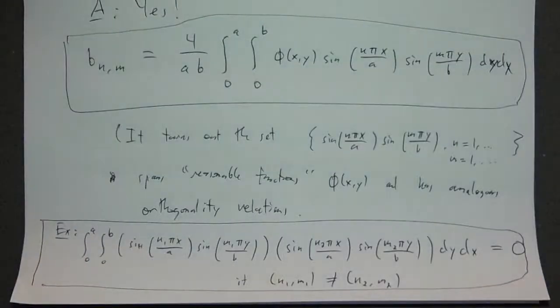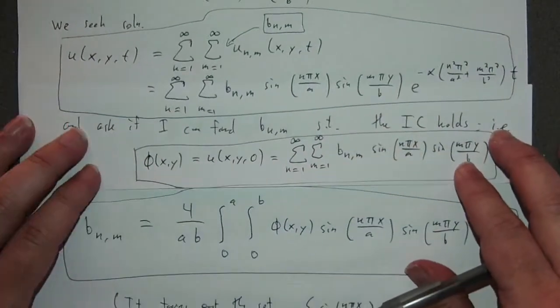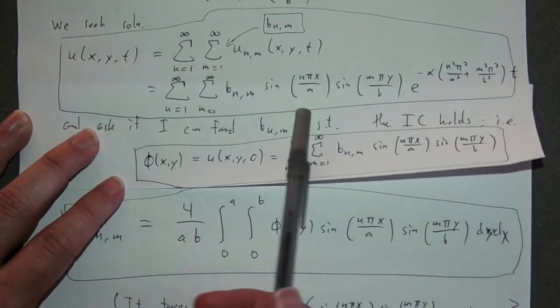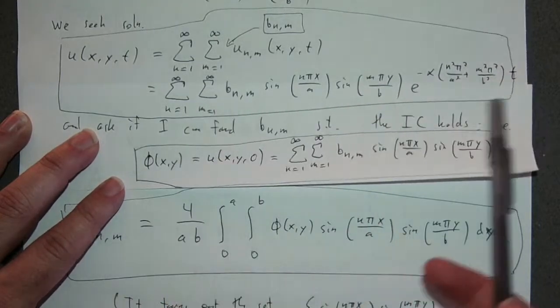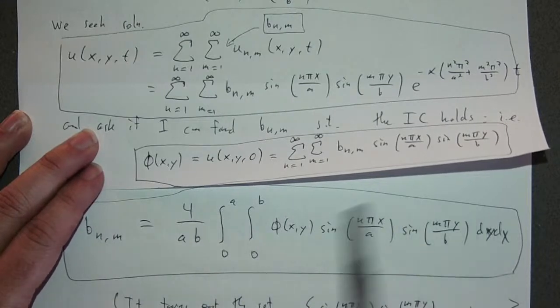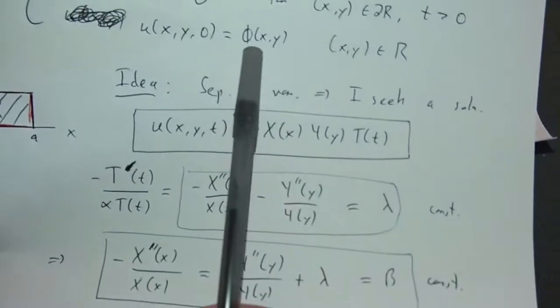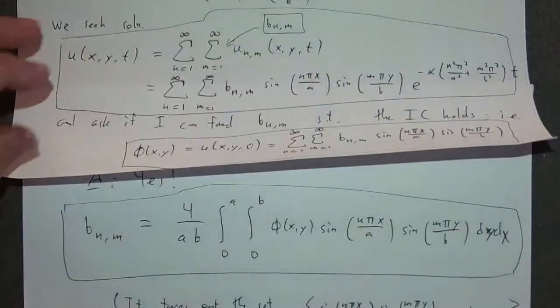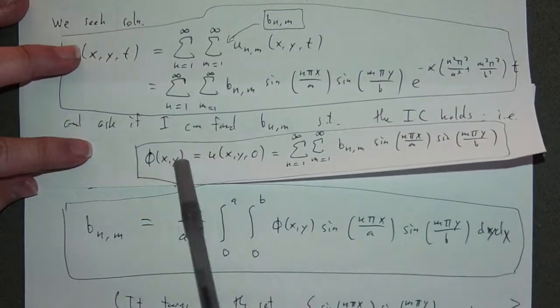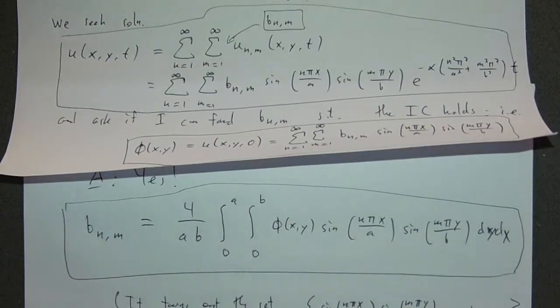And ultimately, we found that a solution looks like this double sum of linear combinations of functions in this way, where these coefficients b sub nm are computed from phi by this formula. So in this problem, if I give you a phi, you can compute these b sub nm's and then write the solution for that explicit problem. Okay, so that's a good place to stop, I think.